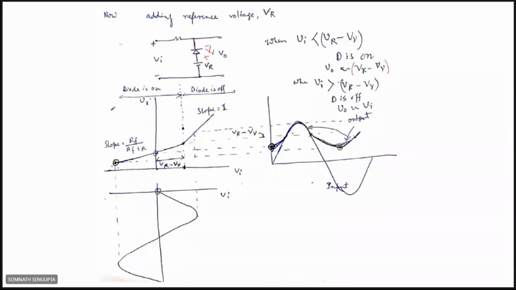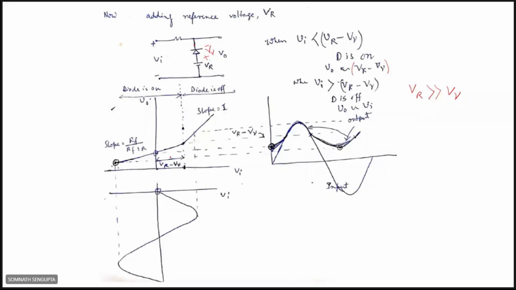Okay. But if VR is actually far higher than V gamma, you can also ignore this V gamma value, but if you want to know the exact value, then you have to consider the value of V gamma.